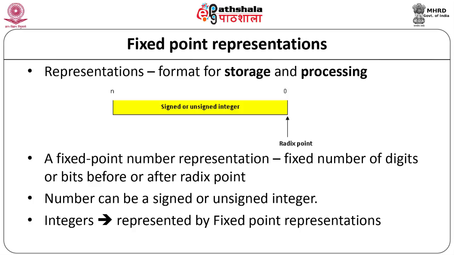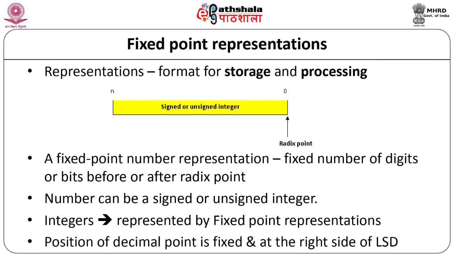An integer can be thought of as a number in which the position of the decimal point is fixed. Consider an n-digit signed or unsigned integer. Then the position of the decimal point is fixed. The decimal point is usually assumed to be to the right of the least significant digit.